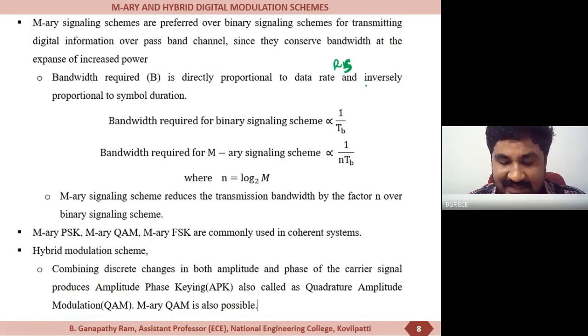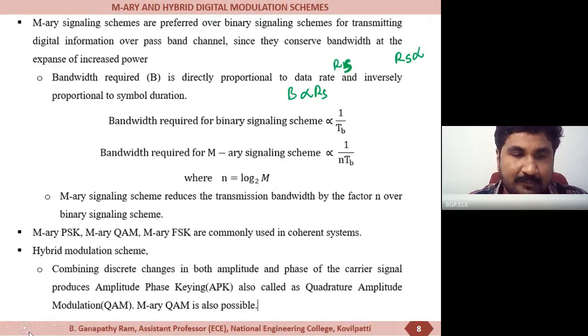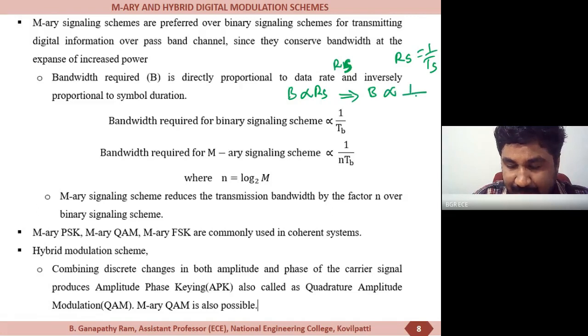We can say that bandwidth is directly proportional to Rs, and we know that Rs is equal to 1 divided by Ts. So we can write that bandwidth is directly proportional to 1 divided by Ts.